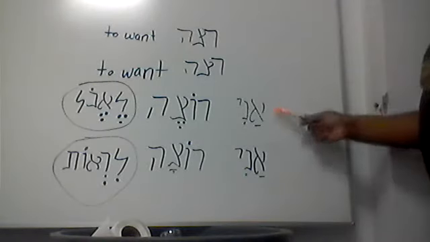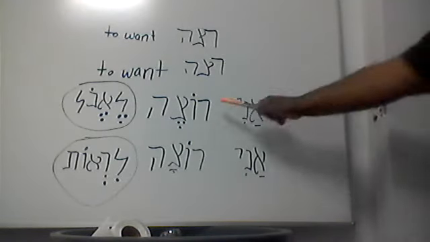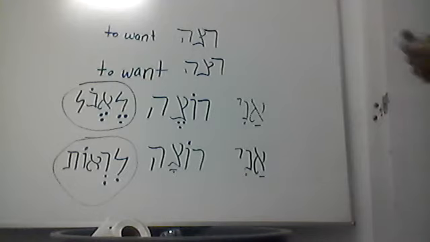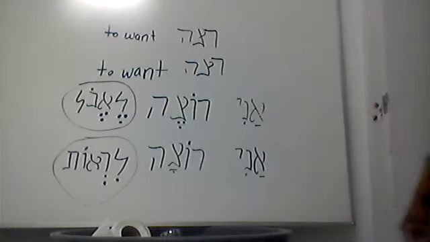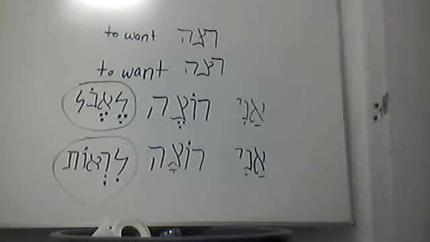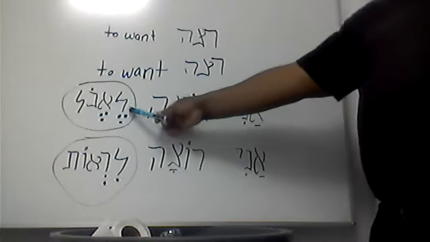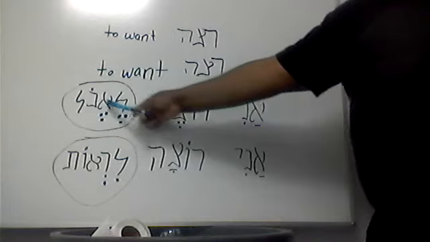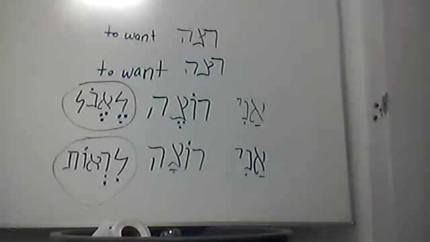Now, both of these, ani means I. Rotze, rotza, both mean want, masculine singular, feminine singular. However, what we've done over here was put verbs inside of their infinitive aspect. That is to say, literally, to whatever. La lechet, to go. Le'ekol, drop the lamed off. You have aleph, kaf, and lamed, akal, which means to eat.